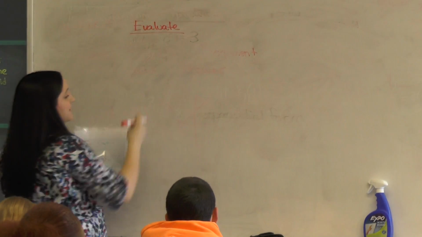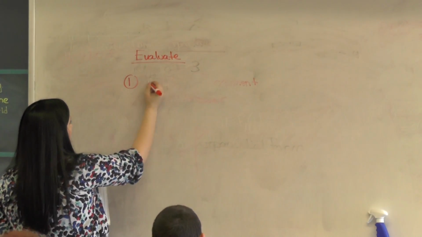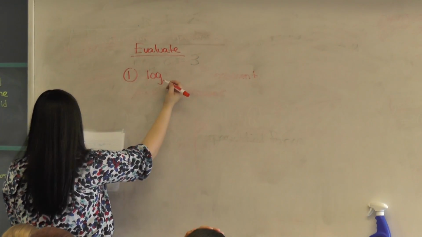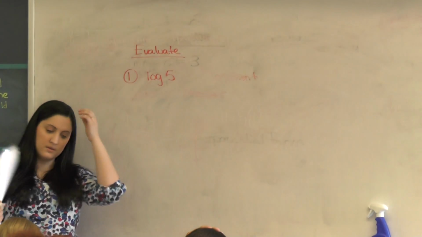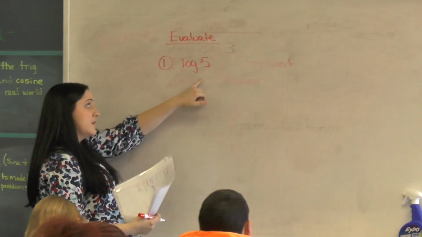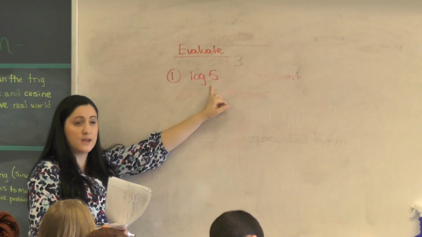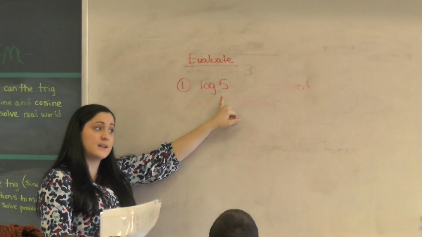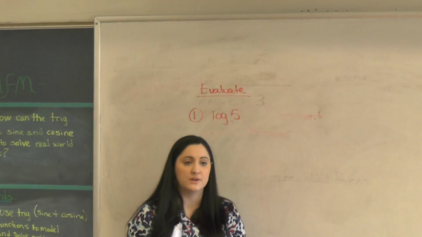And these are the times when you have to use your calculator to do it. Right, and another side note, if there is no base written here, it's understood to be 10. Okay? You just have to know that it's 10 there. Alright? That's what we call the common logarithm.